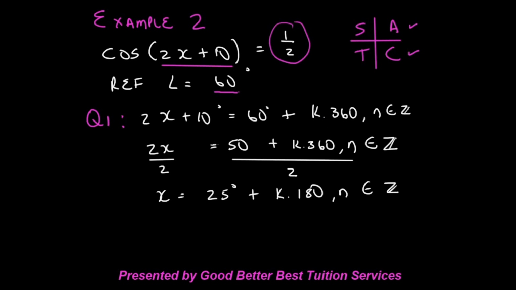We have 2x is equal to, take the 10 over, so it's 50 plus k360. You divide by 2 on the left-hand side and the right-hand side, and you have x is equal to 25 degrees plus k180. Did you notice that we didn't only divide the 50 by 2, we had to divide the 360 by 2 as well. So this is our first quadrant equation, 25 degrees plus k times 180.